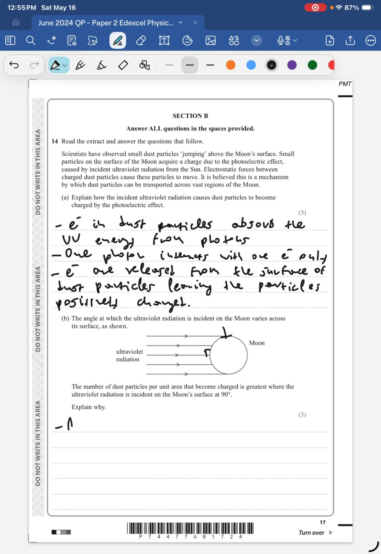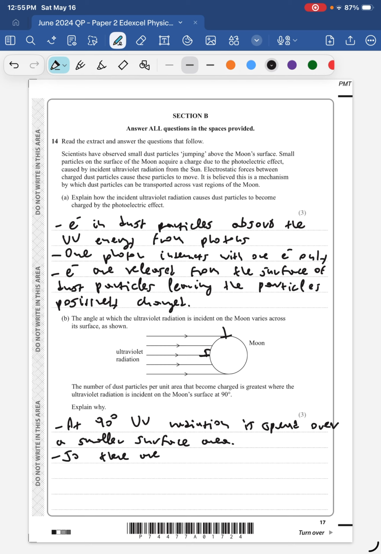So at 90 degrees, like here in the middle, UV radiation is spread over a smaller surface area, so there are more incident photons per square meter per second.